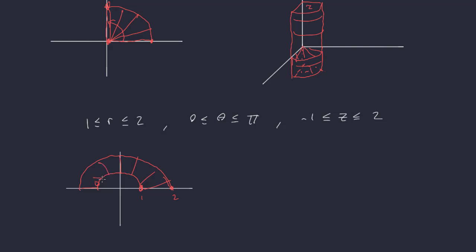But now we're adding a height to it. What we're doing is basically having what we would call a cylindrical shell. So here we are on the xy plane, and we're just going to add some height to this, some in the negative and some in the positive z.